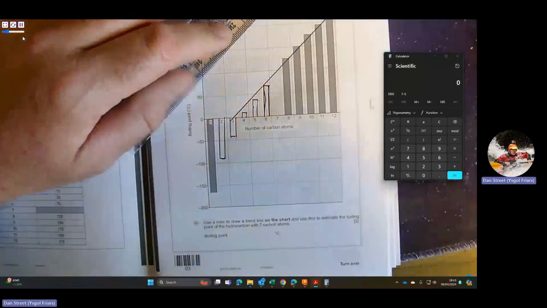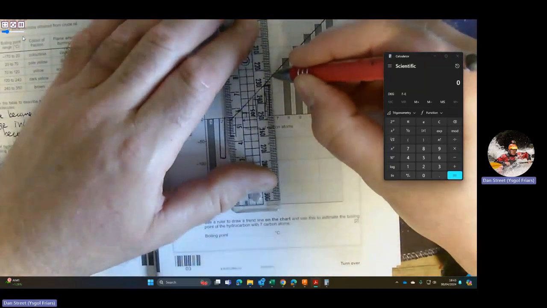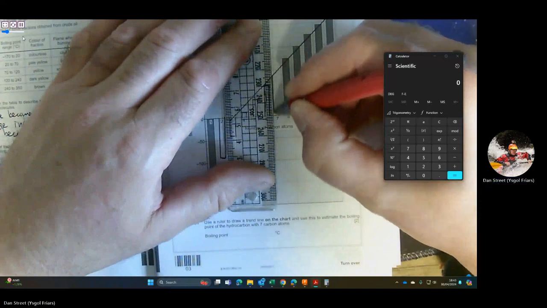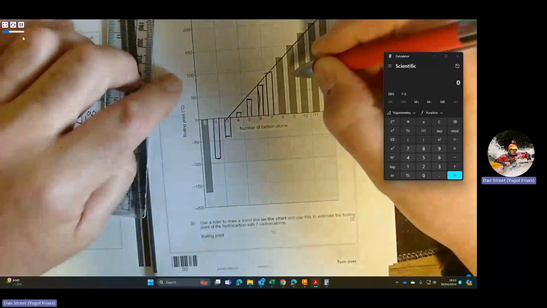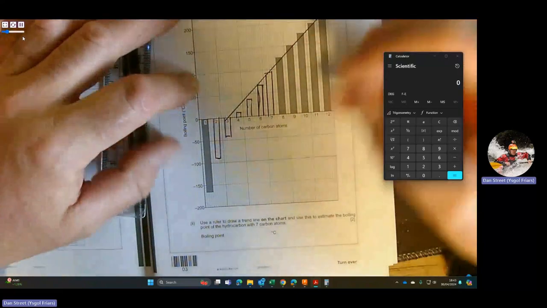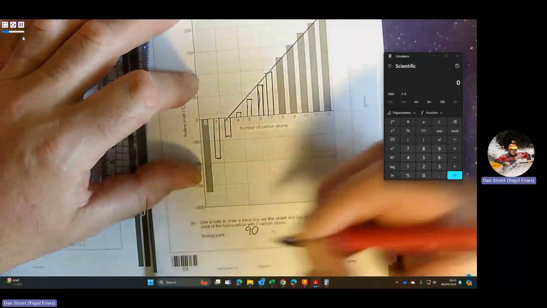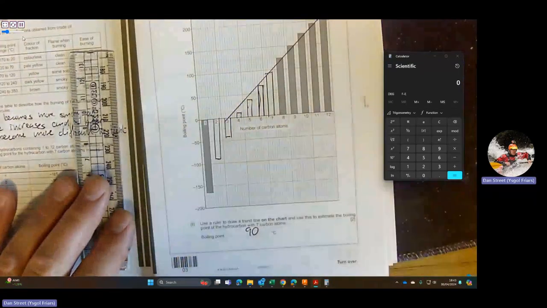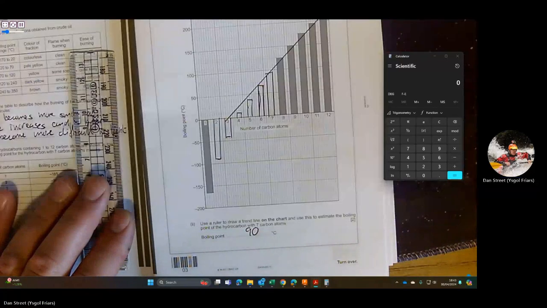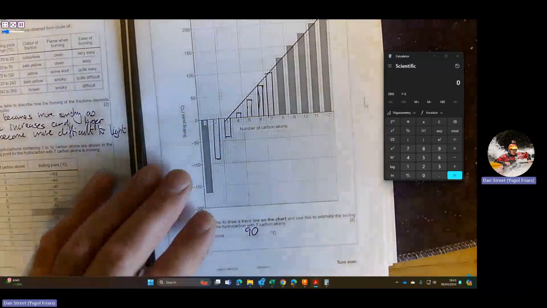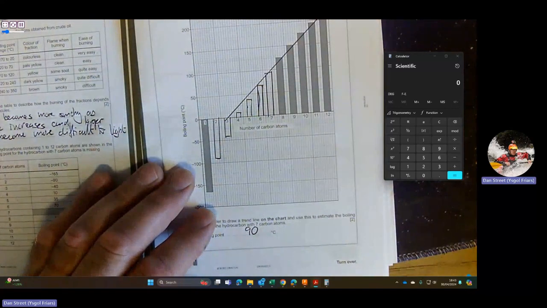That would give us our boiling point of number 7 at approximately 90 degrees Celsius, and the acceptable range was actually between 85 to 105.